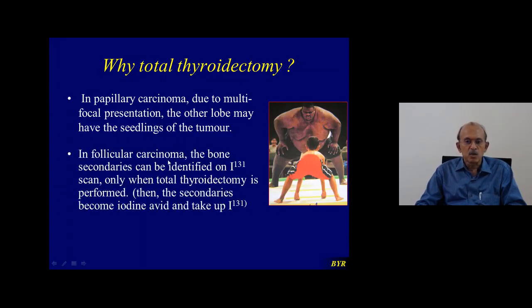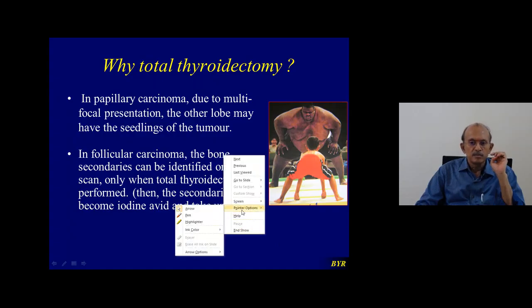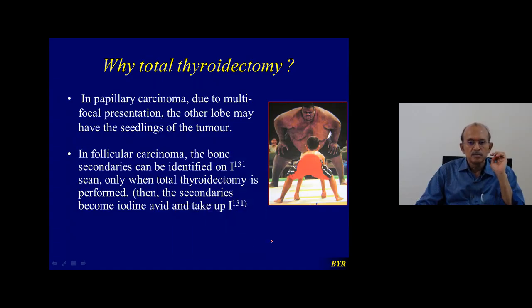In follicular carcinoma, there may be bone secondaries. How do you identify these bone secondaries? Again, by radioactive iodine. Now a patient comes to you with a mass in the right lobe.